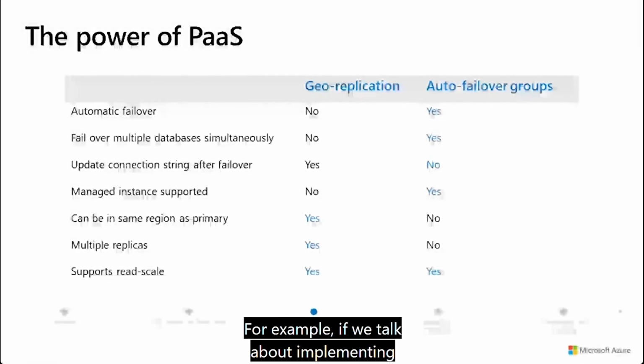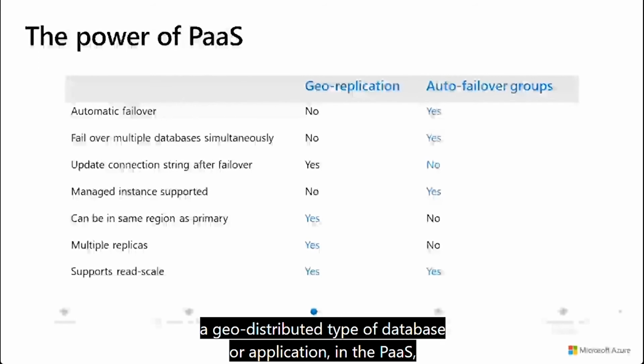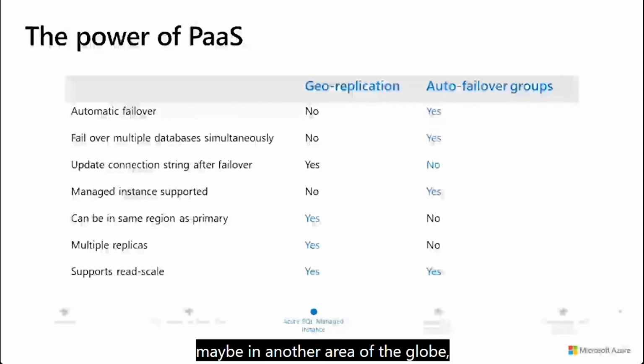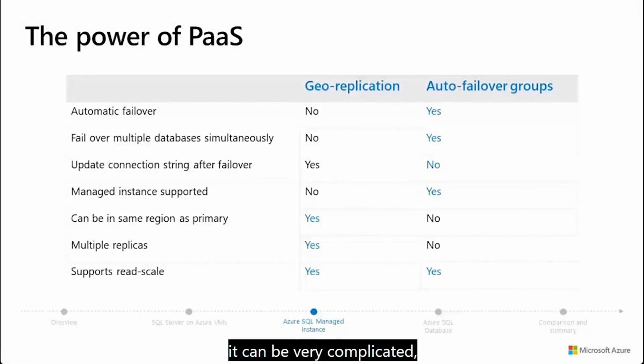For example, if we talk about implementing a geo-distributed type of database or application, in the past, setting this up, even just getting the logistics to coordinate with the other data center that you might have in another region, maybe in another area of the globe, that can take a long time. It can be very complicated and can be very expensive.